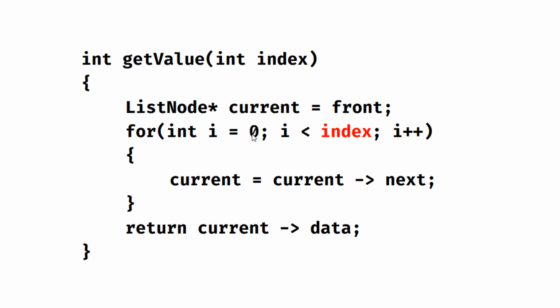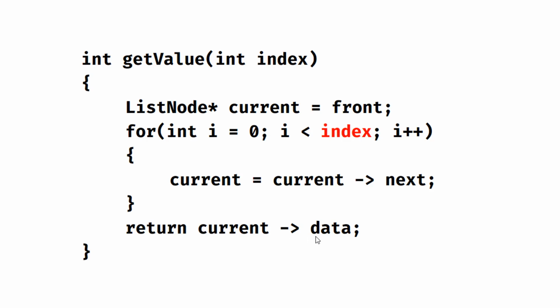So we say, okay, i gets the value 0. 0 is less than 2, yes. Update the current to point to the next node. i plus plus, 0 becomes 1. 1 is less than 2, yes. Update the current, and current is pointing to the next node. Then 1 becomes 2. 2 is less than 2, no. So we get out and we return the value at that index.